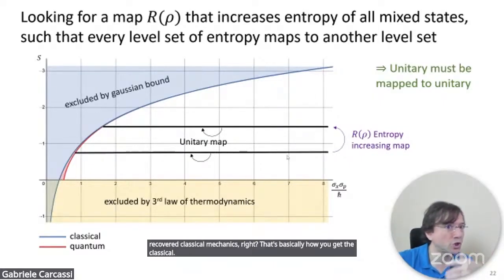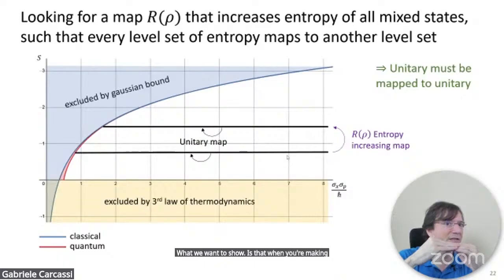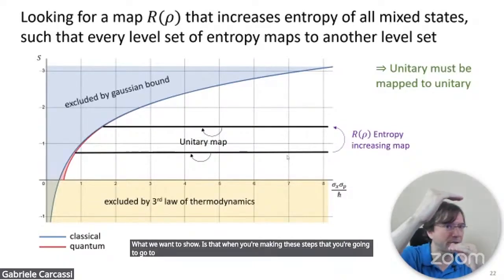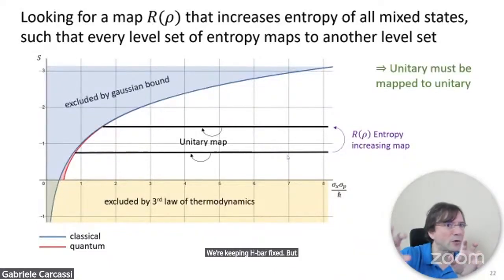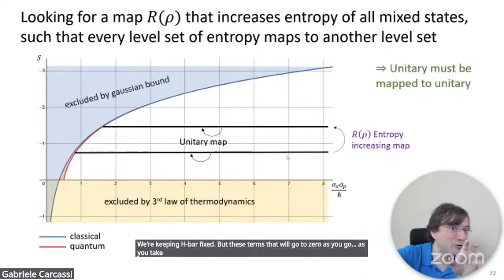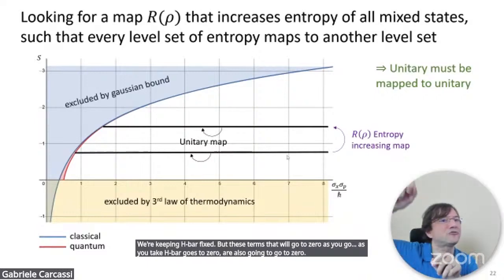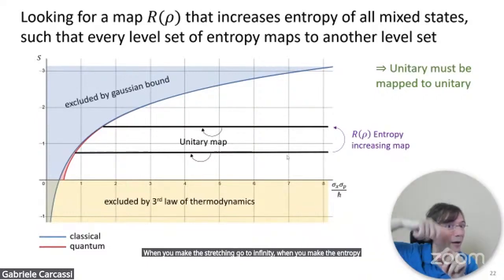What we want to show is that when you're making these steps to go to higher and higher entropy, we are keeping h bar fixed, but these terms that would go to 0 as you take h bar to 0 are also going to go to 0 when you make this stretching go to infinity, when you make the entropy, this transformation, become more and more.